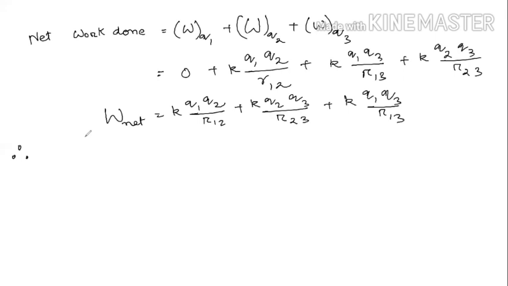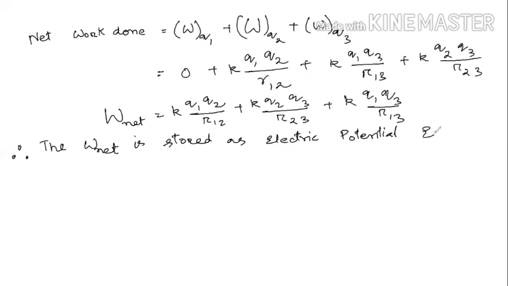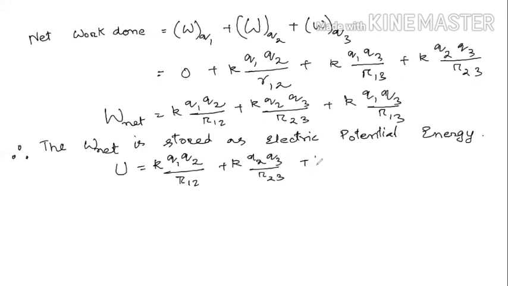So this work done is stored as electric potential energy, and we always represent electric potential energy as U. In that way we find the expression K Q1 Q2 by R12 plus K Q2 Q3 by R23 plus K Q1 Q3 by R13.